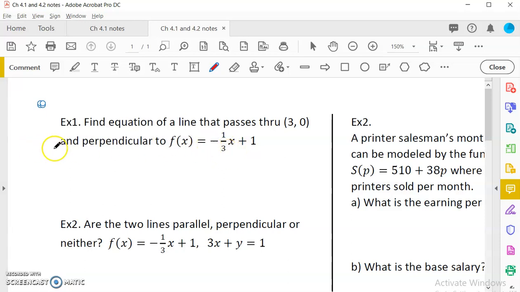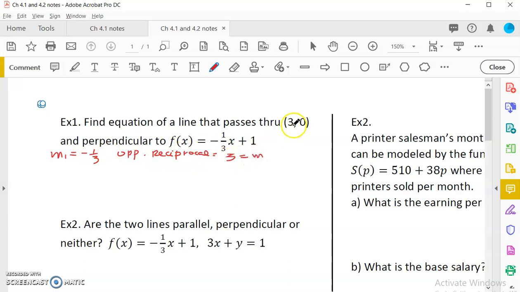So this m1 is negative 1/3, because the coefficient of x is the slope. What is the opposite and reciprocal? This is a negative, so it becomes a positive. 1/3 becomes 3, right? So this is my m.